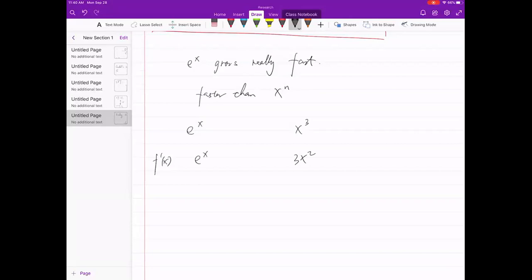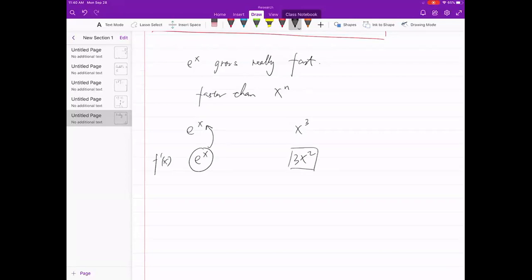What's going on? Well, the derivative is the same as the function itself. That means the changing rate is the same size as the current function. If I am 1,000 right now, my changing rate is also going to be 1,000. So if I'm already huge, I'm going to grow even faster. Good so far? But now if you look at this, what do you observe?